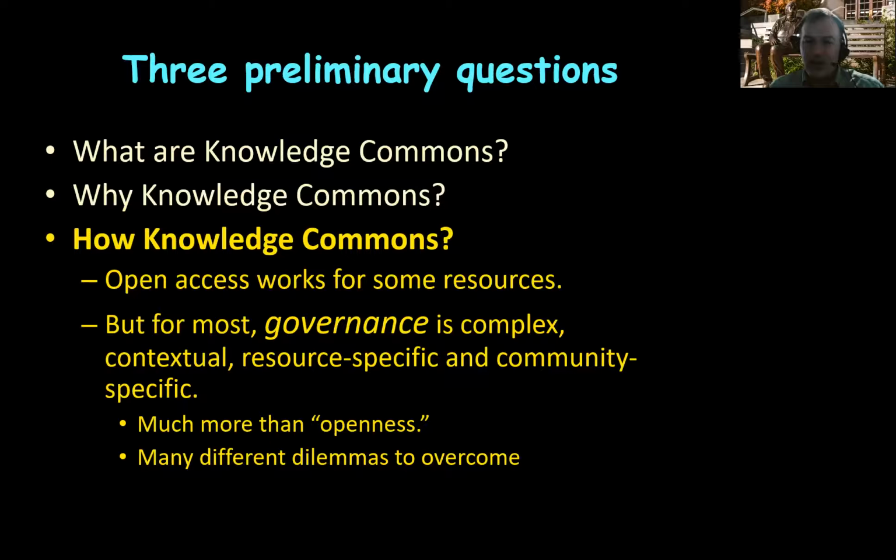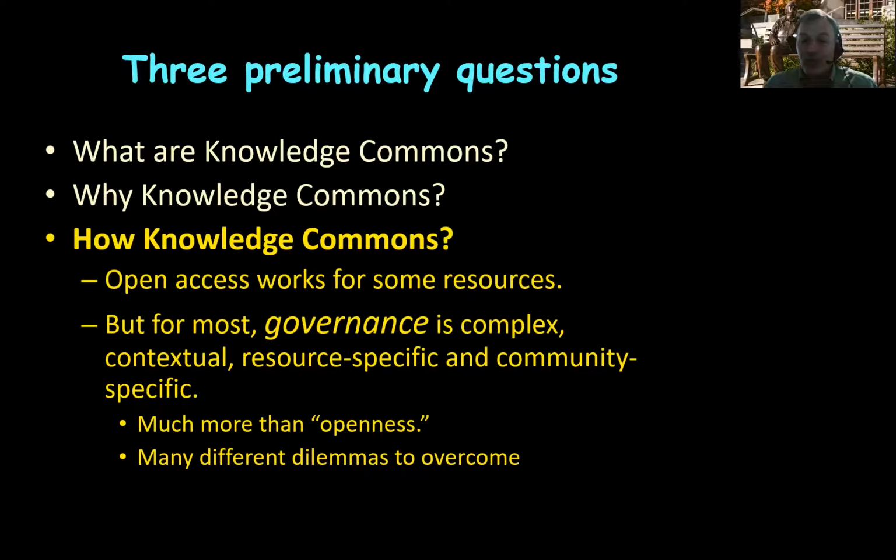So how do we go about managing knowledge resources as a commons? Well, you'll hear people talk about knowledge commons as the public domain or open access, where open access refers to making the resources available to everyone, right? Everyone gets access.